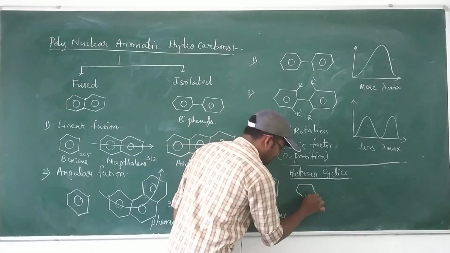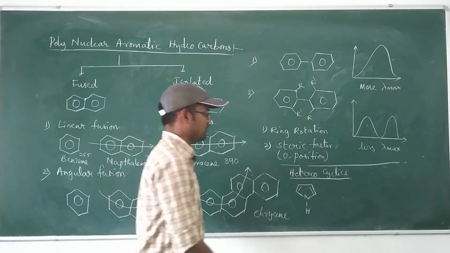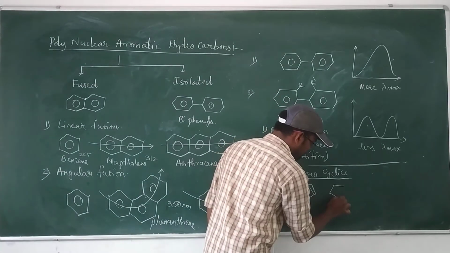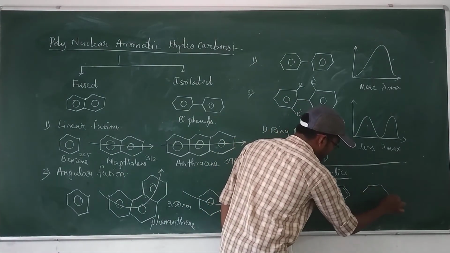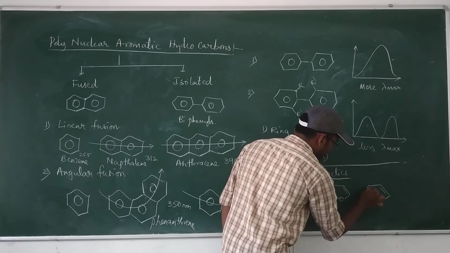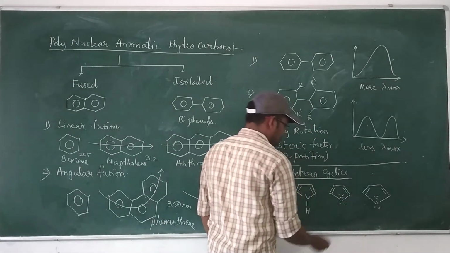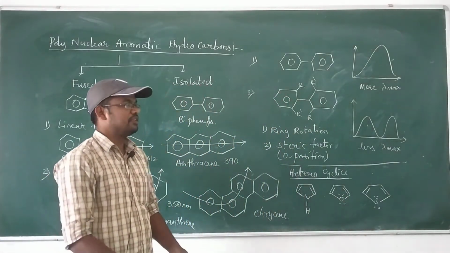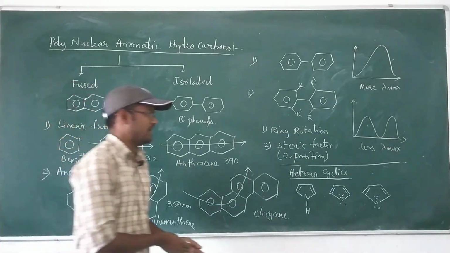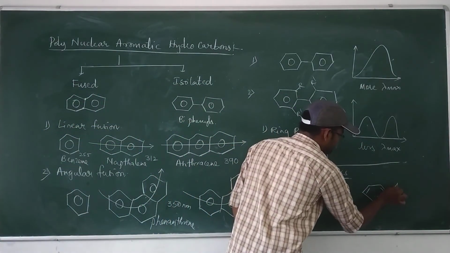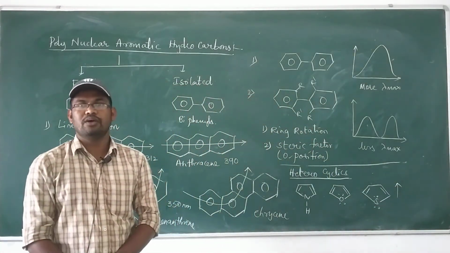First one, pyrrole, then furan, which contains oxygen, and next thiophene. Thiophene has a higher lambda max value compared to pyrrole and furan.